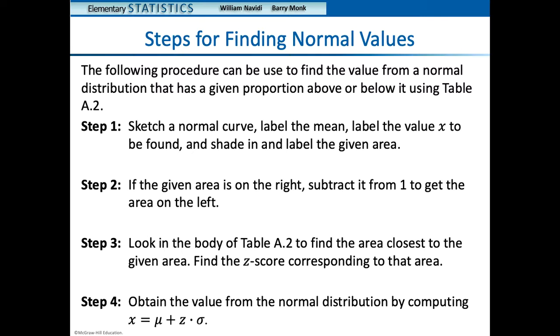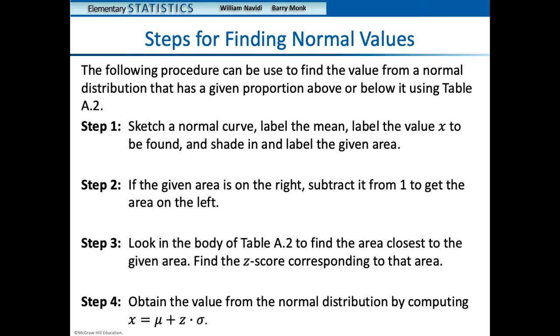So you might just indicate roughly where the data value falls. We don't know the numerical value of it yet, but we should know roughly where it falls, and then shade the area that's given in the problem. If the area is on the right, we should subtract it from 1 to get the area on the left.